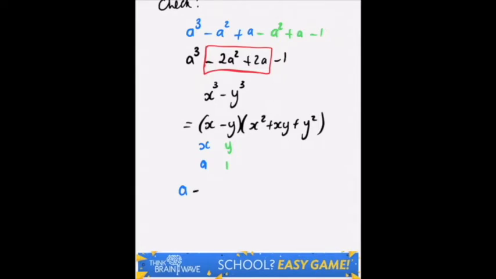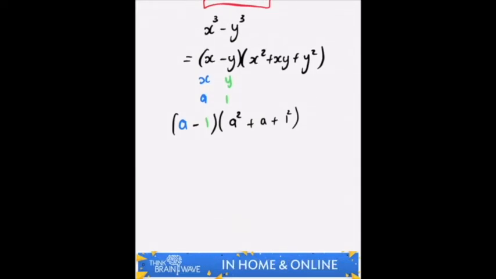We have a minus 1, close your brackets, open a new one, and then say a squared plus a times 1, which is a, plus 1 squared. Now if you look at that, you can do a check if you'd like.